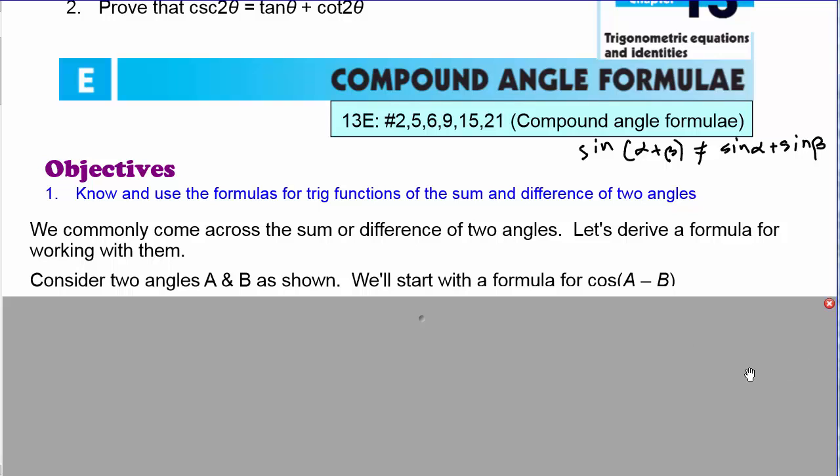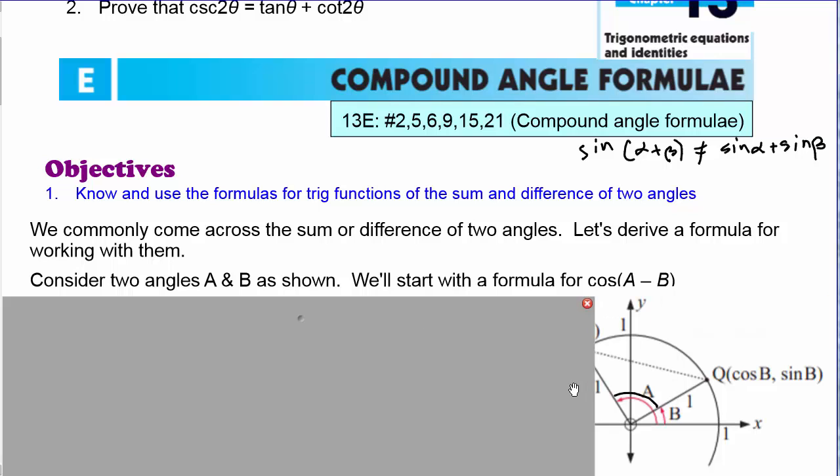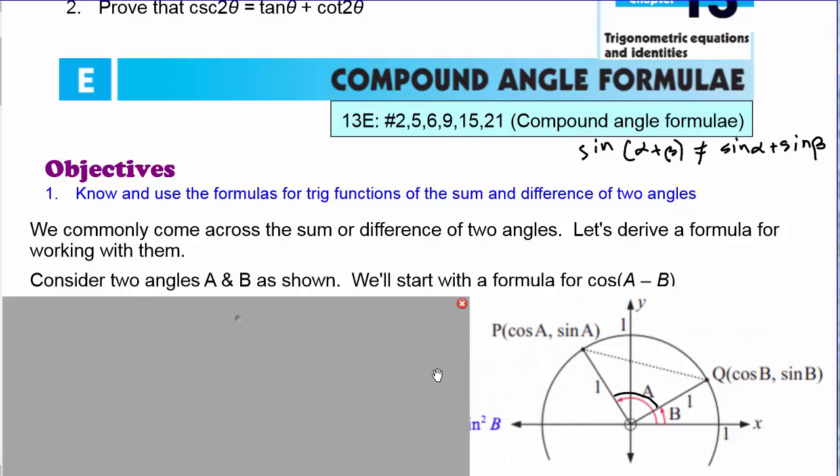And to do that, we are going to use this diagram here and explore it in some detail.